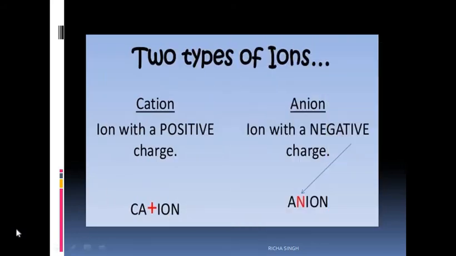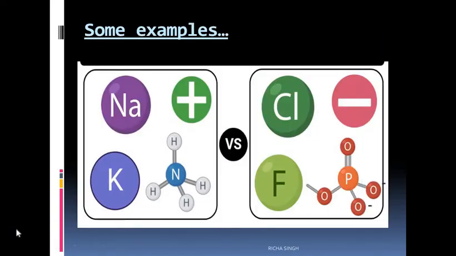An ion with a positive charge is a cation, because it is losing an electron. An ion with a negative charge is an anion, because it is gaining an electron. So metals form cations. Because metals lose electrons, they attain a positive charge and form cations, like Na and K. Na is sodium, K is potassium.